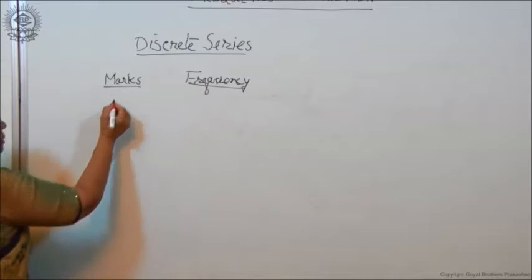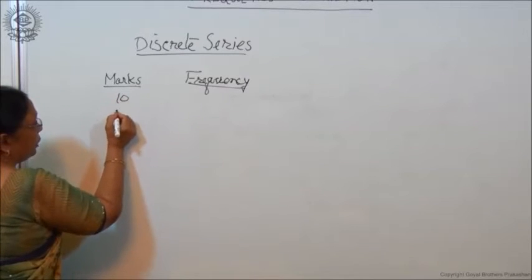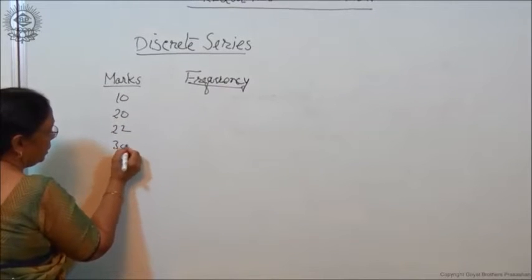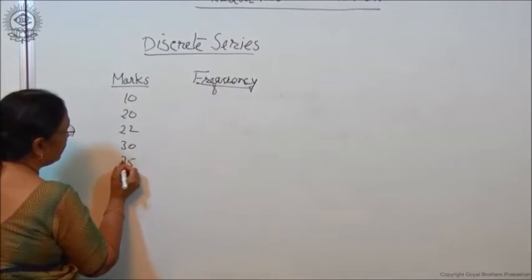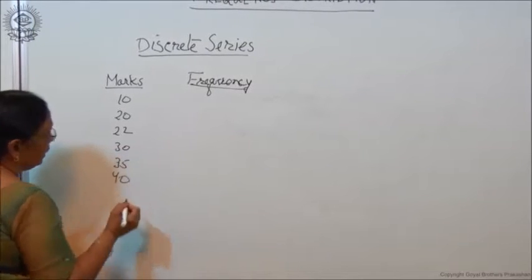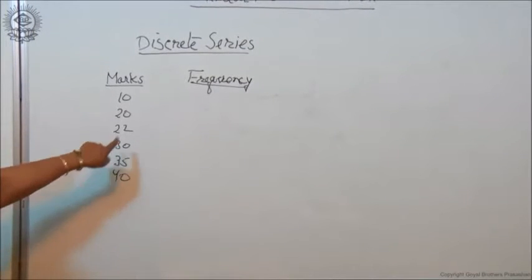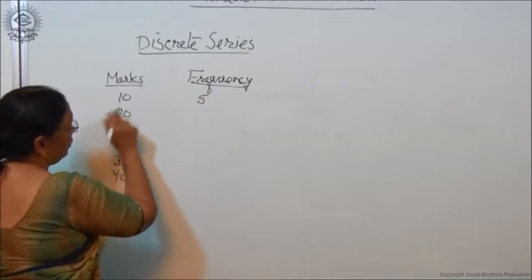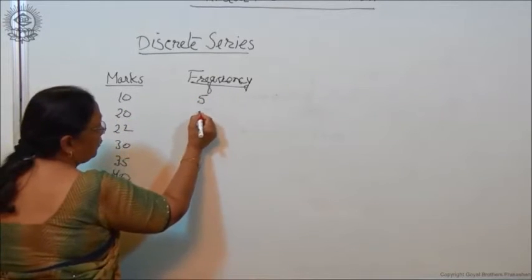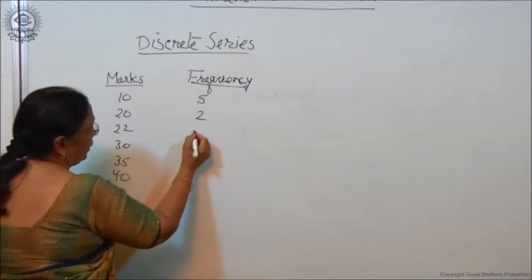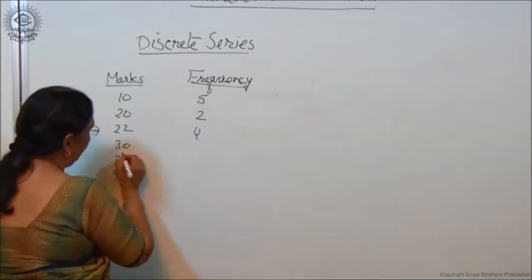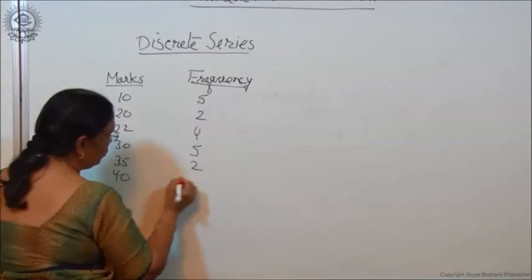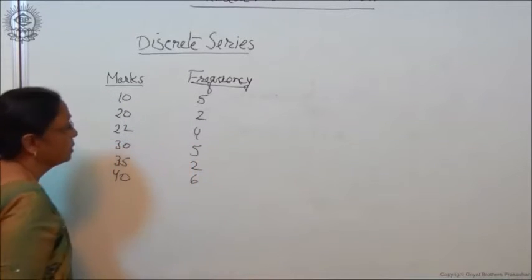Now marks, suppose you have noted down the mark distribution 10, 20, 22, 30, 35, 40, like this. Then the frequency of these marks: suppose 5 children have scored 10 marks, 20 marks have been scored by 2, 22 by 4, 30 by 5, 35 by 2, and 40 by 6.